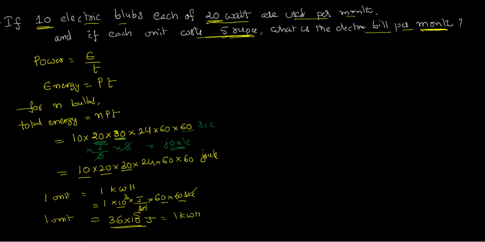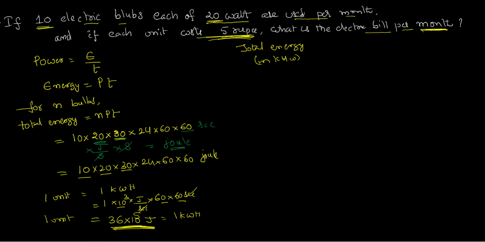We have to calculate the energy in kilowatt hours because the price of the unit is given per kilowatt hour. So how can I calculate the total energy? I want to calculate in kilowatt hour. Simply divide with this, because 1 kilowatt hour is 36 into 10 power 5 joule, which is a bigger unit.